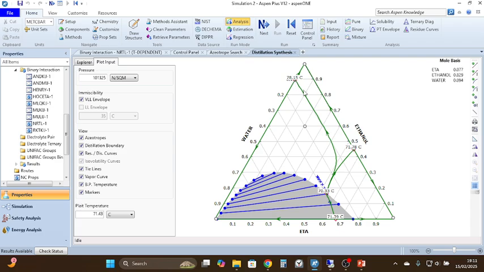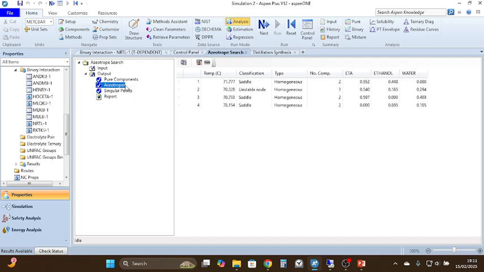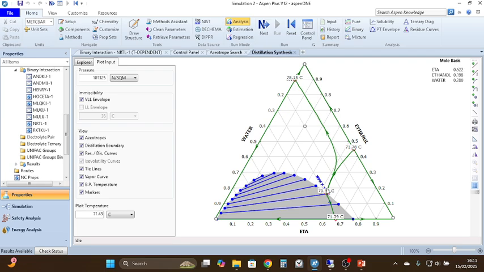If you recall this 78.15, this is 78.15, it is a homogeneous azeotrope. If you look at the azeotrope, the azeotrope lines are given over here, as well as the unstable node. The unstable node is 70.33.